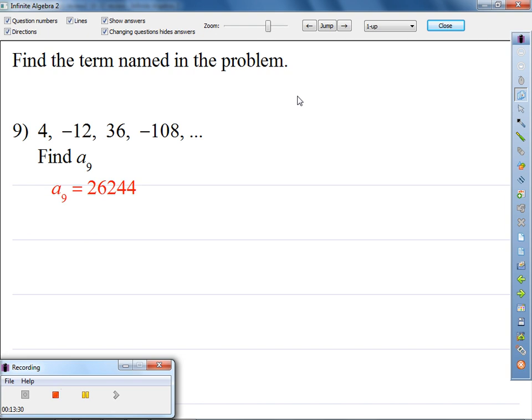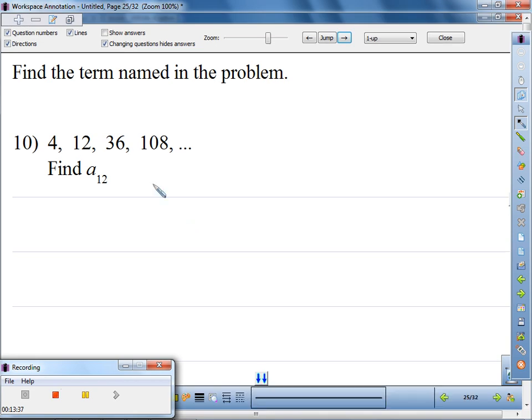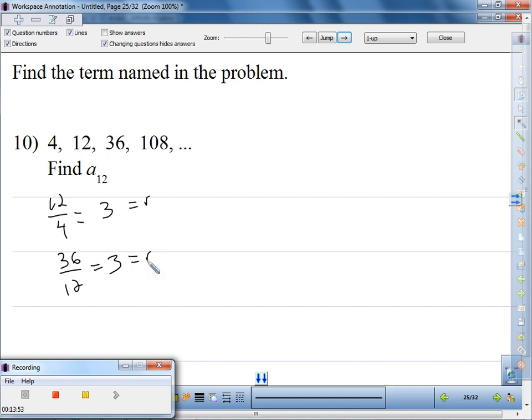Alright, so we'll go ahead and do problem 12 as well. Again, it's geometric, because, well, if it's not obvious, we take 12 divided by 4. Okay, that gives us 3. Take 36 divided by 12. That gives us 3. Okay, so we have a common ratio. So that's geometric.